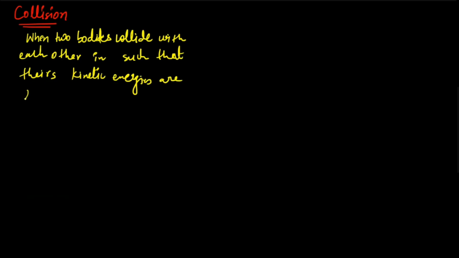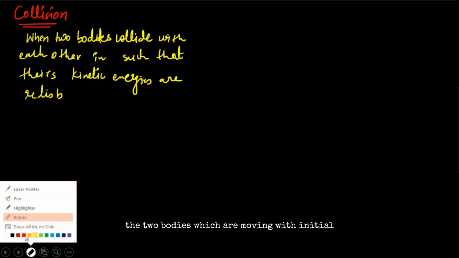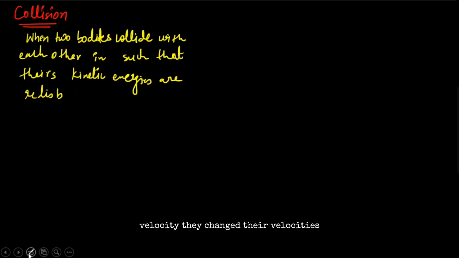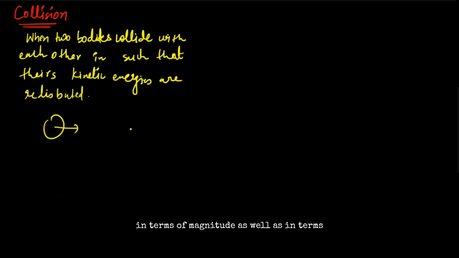For example, suppose there were two objects moving towards each other. After the collision, the two bodies which were moving with initial velocities change their velocities, in terms of magnitude as well as in terms of direction.